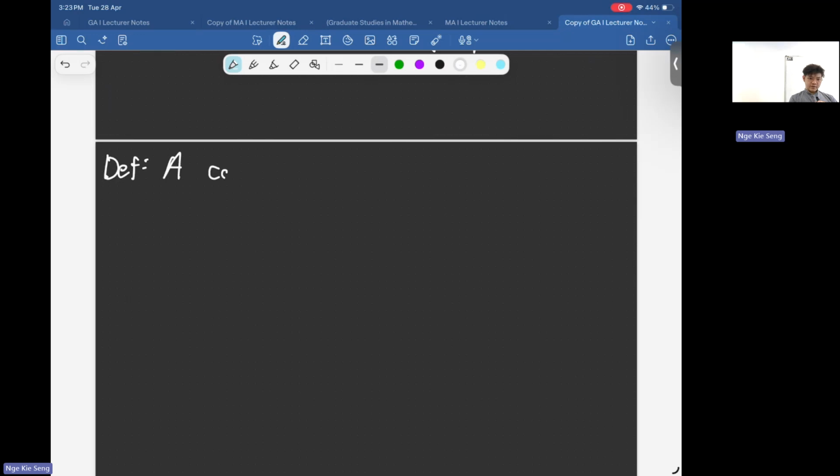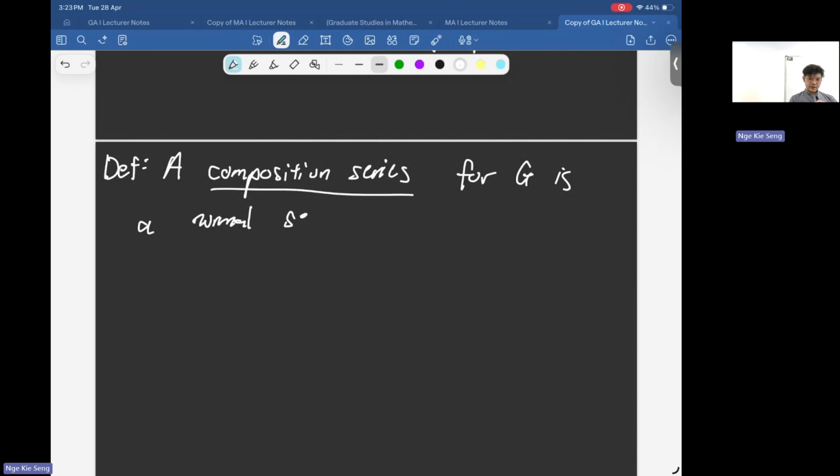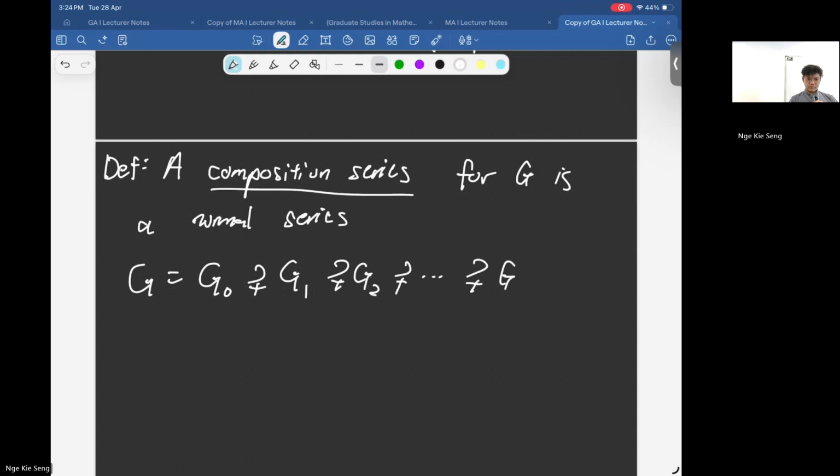So then we will define a composition series for a group G. It is a normal series such that there's an additional condition: the quotient G_i over G_{i+1}, the smaller subgroup, is actually simple.